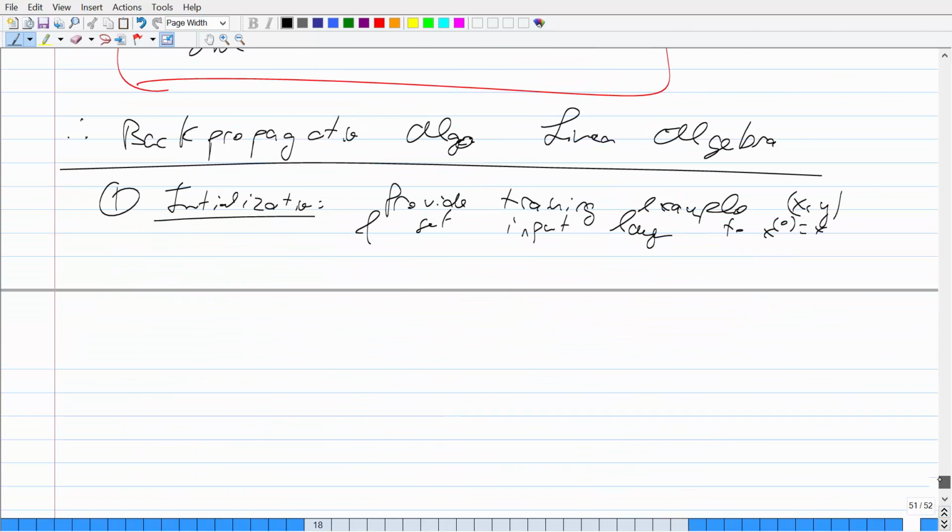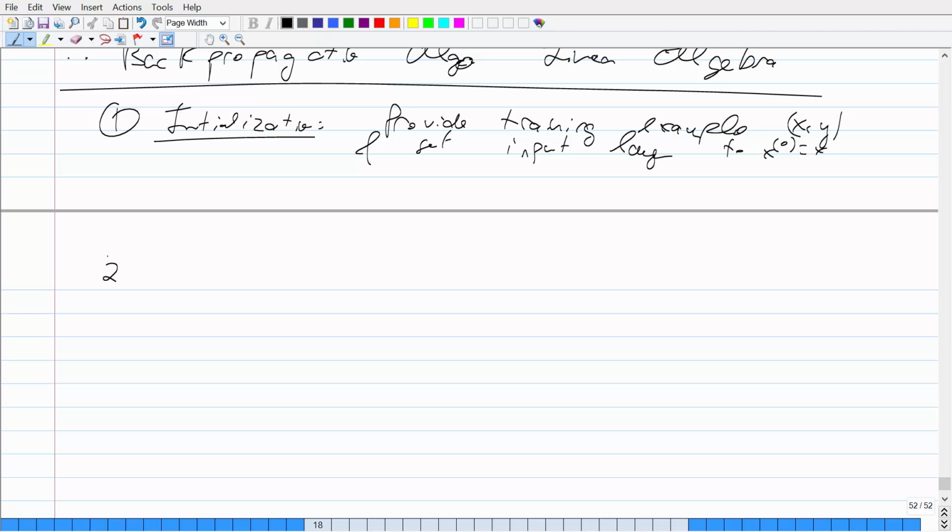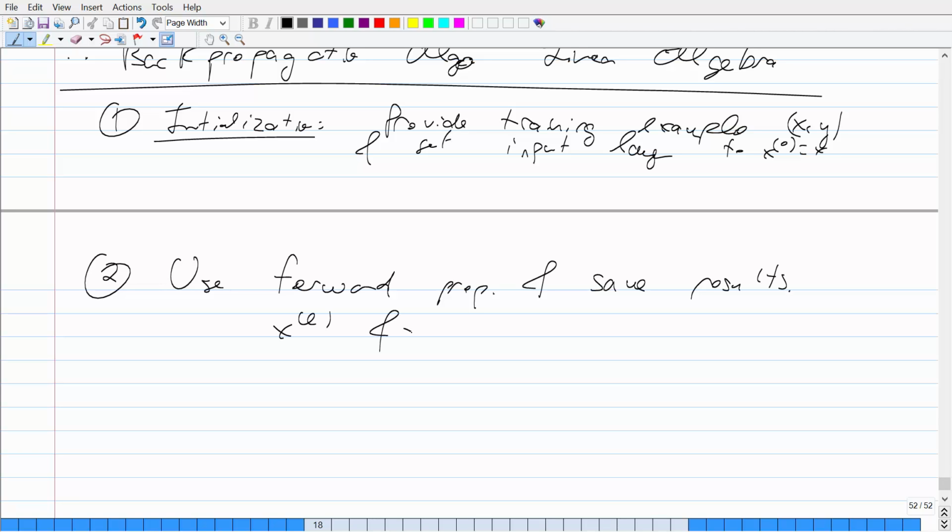There are 3 more steps, and then we're going to be done. Use forward prop and save results. So I need XL and SL for L equal to 1 all the way up to capital L.